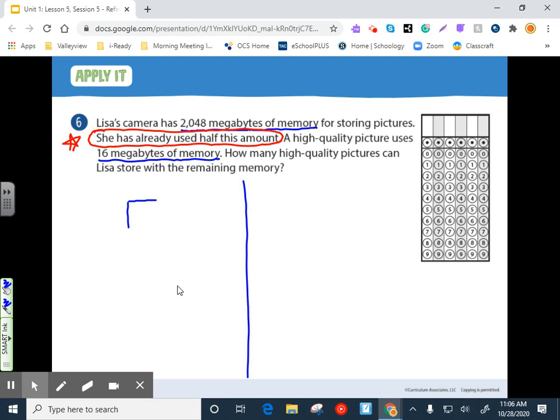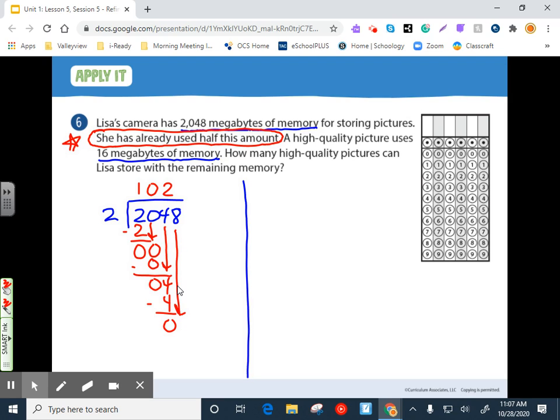Let's take that memory, 2,048, and if she's used half, we divide it by 2. So let's do 2, 0, bring down your 0. 2 goes into 0 0 times. Bring down your 4. 2 goes into 4 twice.